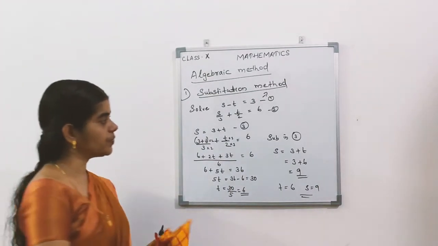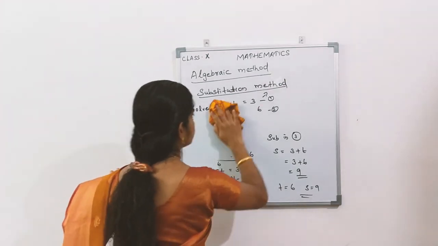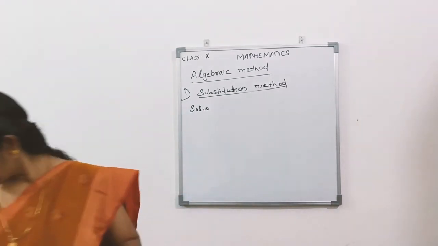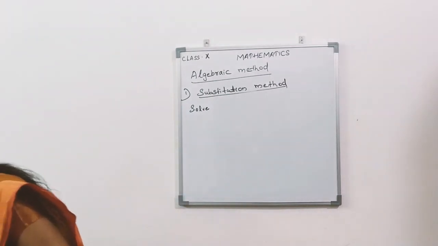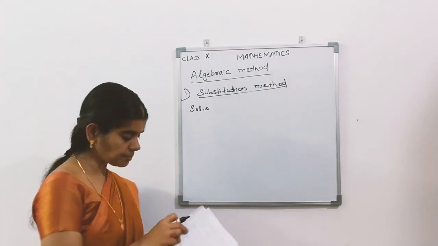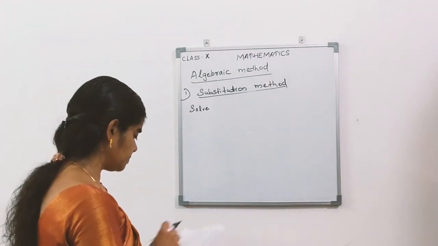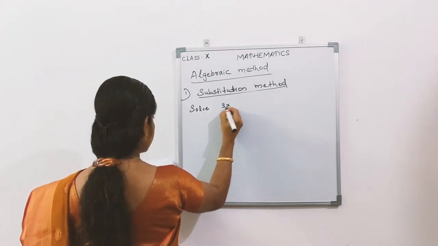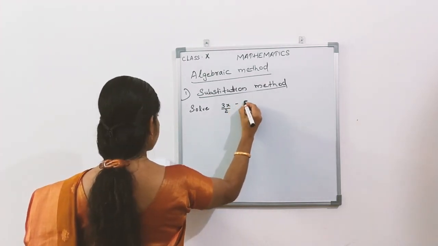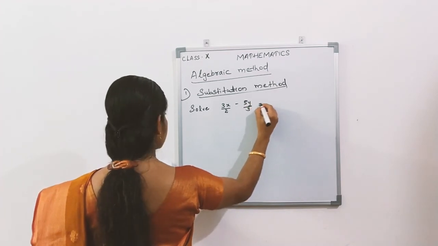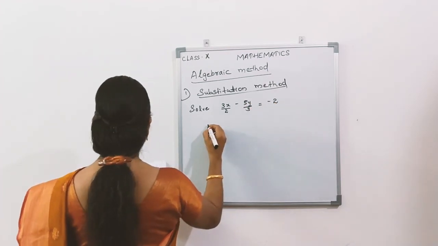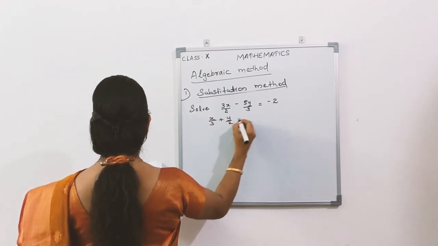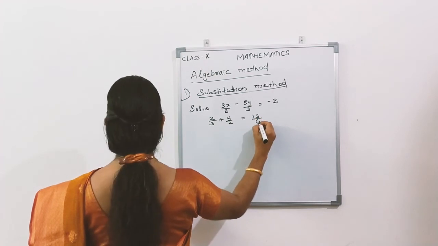I will show one more example. Solve 3x by 2 minus 5y by 3 is equal to minus 2, and x by 3 plus y by 2 is equal to 13 by 6.